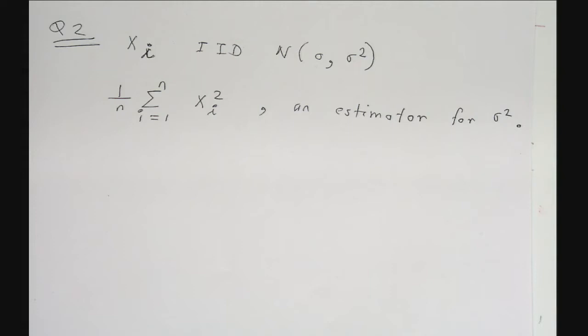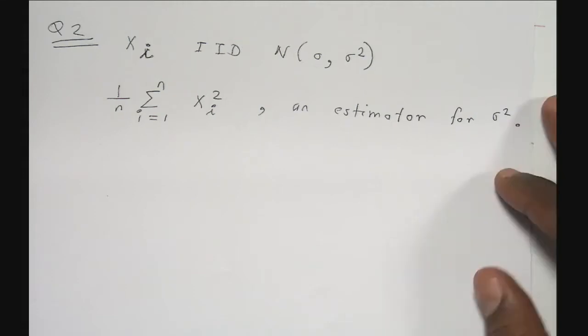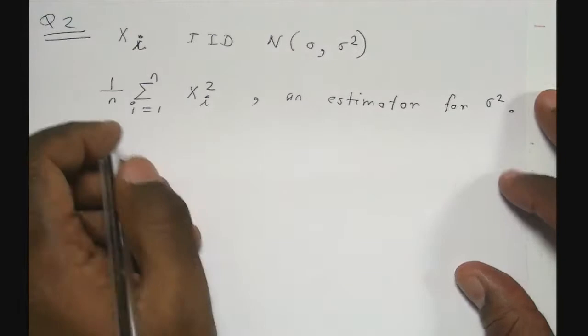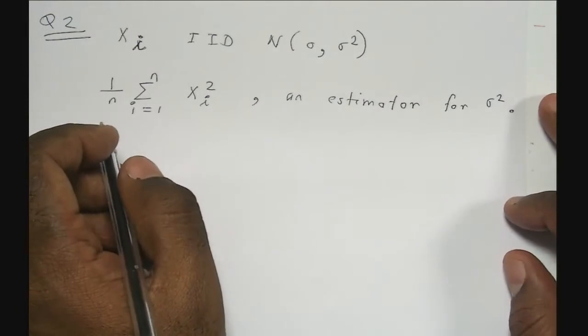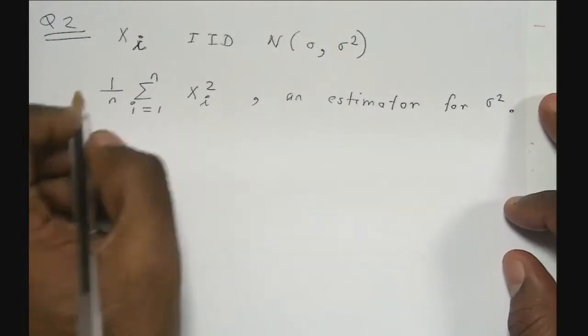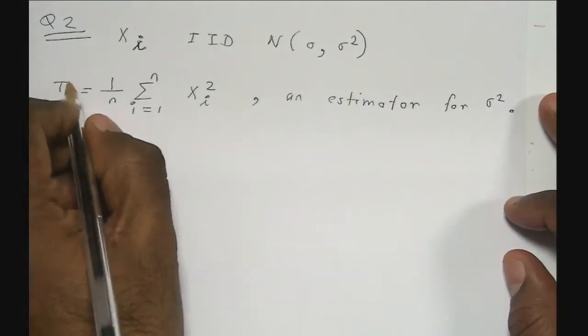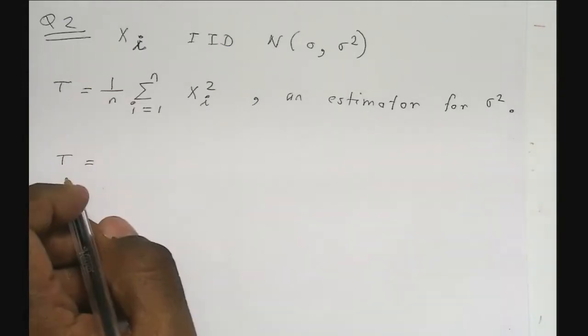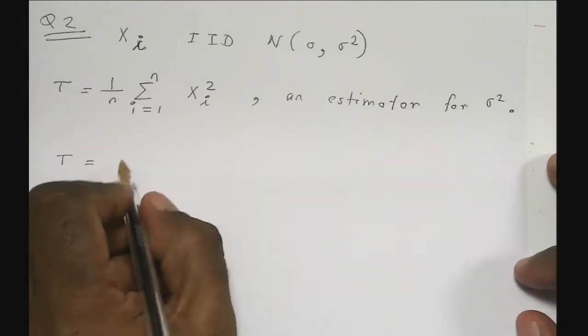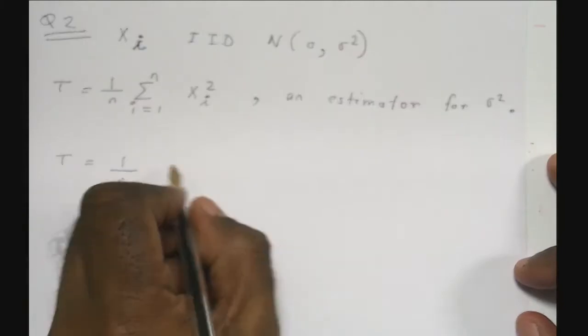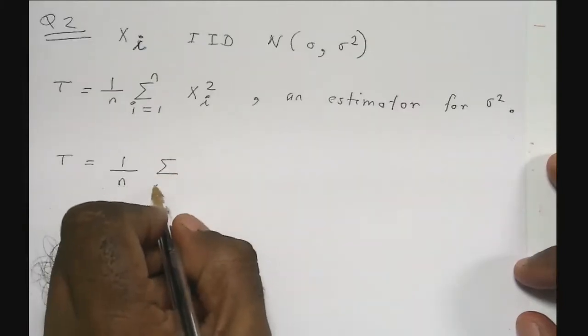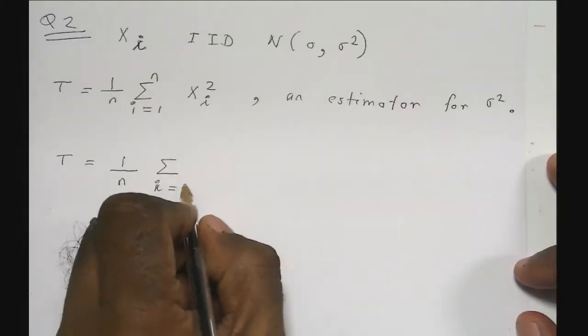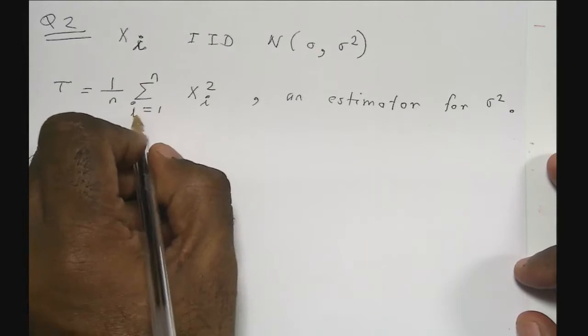Now, as you know, in mathematics you can do any questions in multiple ways, so I'm going to show you a way to do it different from the solutions I have written down. Now what I'm going to do is, let me call this T, right? Now T, you can write it like this.